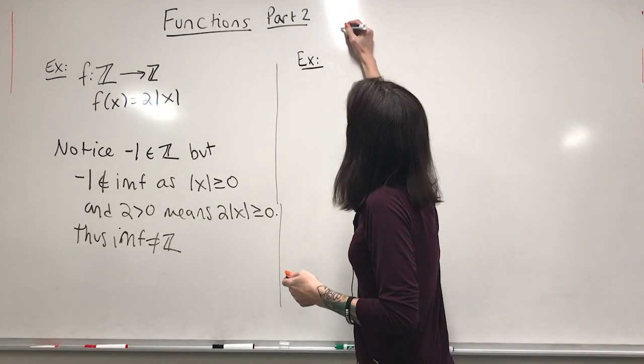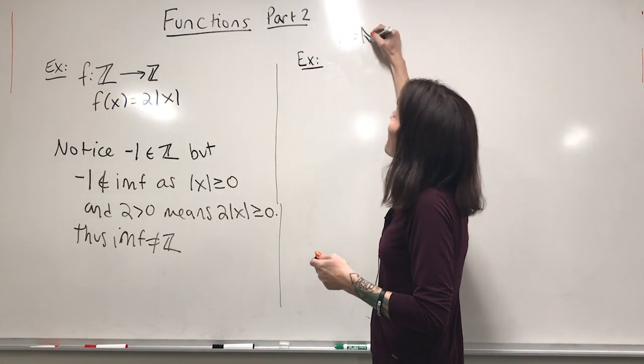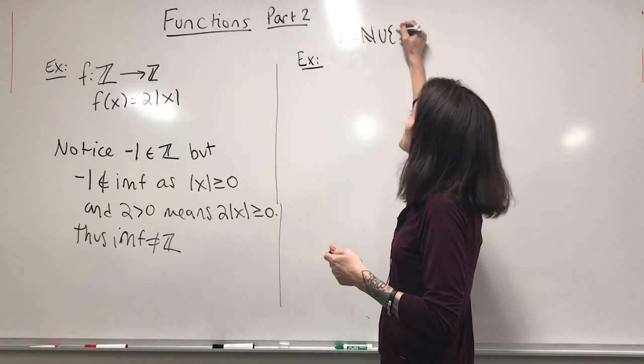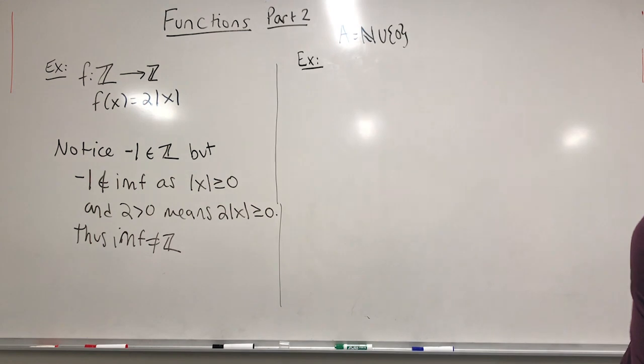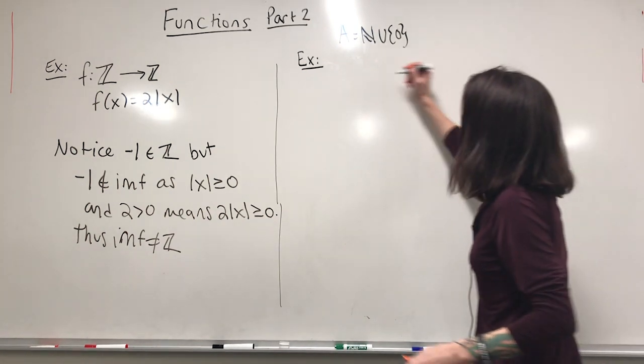We have, let's say, A, if you recall, was N union 0, and then I called it, did I call it F or G? I guess it doesn't matter. It's a new video. I can call it a new thing. I will call it F, I suppose.